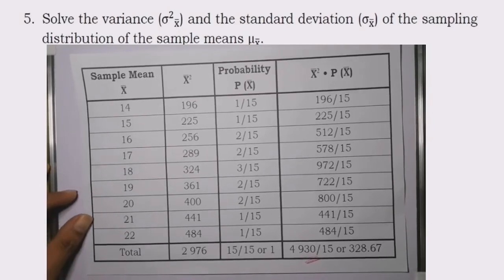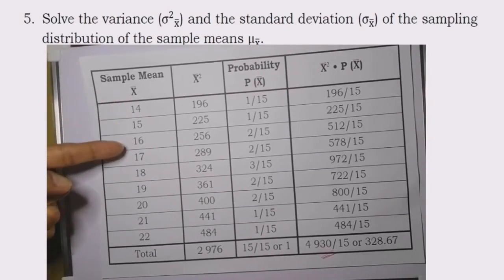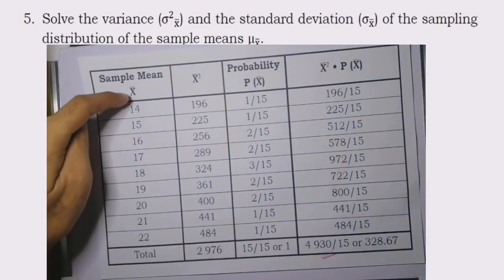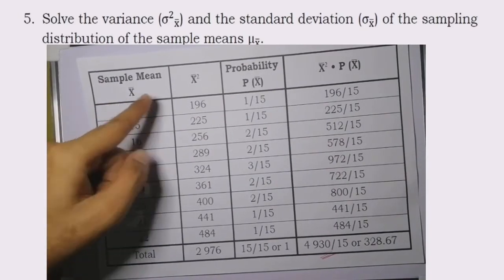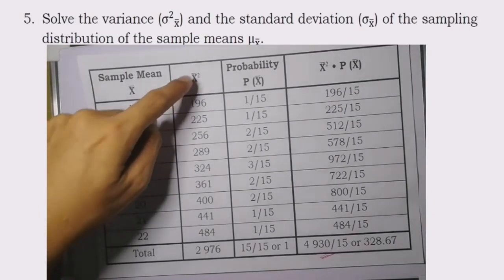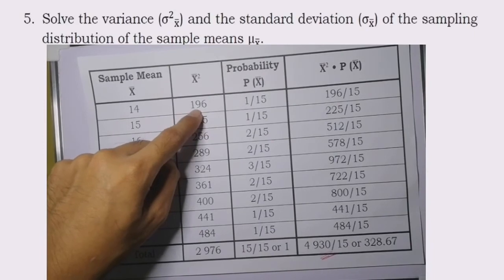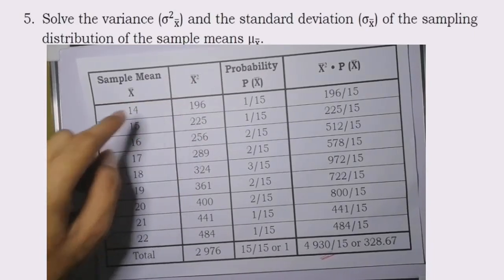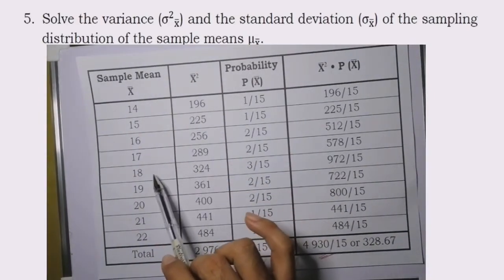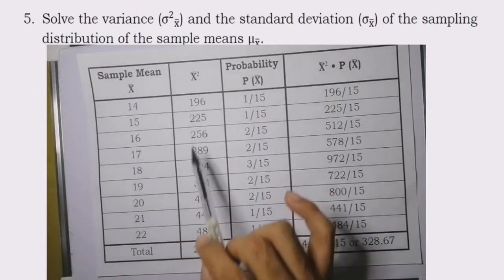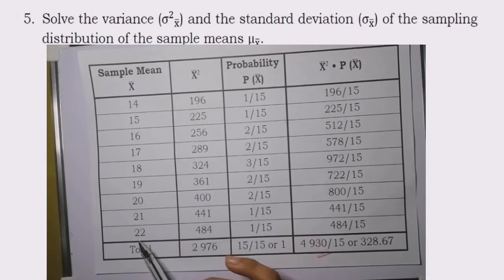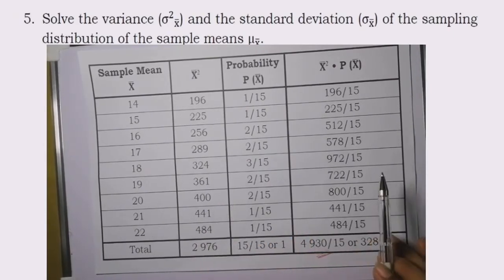Recall our sample means and their corresponding probabilities. We square each sample mean: 14 squared is 196, 15 squared is 225, 16 squared is 256, 17 squared is 289, 18 squared is 324, 19 squared is 361, 20 squared is 400, 21 squared is 441, and 22 squared is 484.